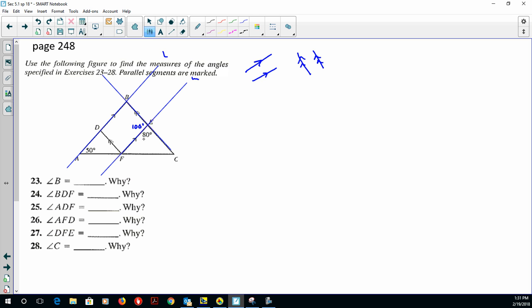So that has to be 80. Okay. Angle B is corresponding to angle FEC, and parallel lines mean that the angles have to be congruent.